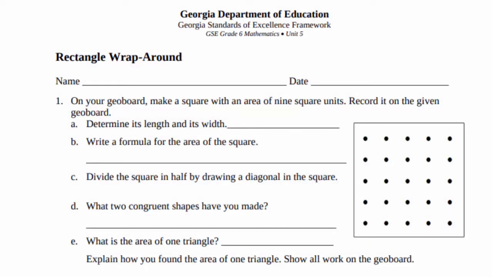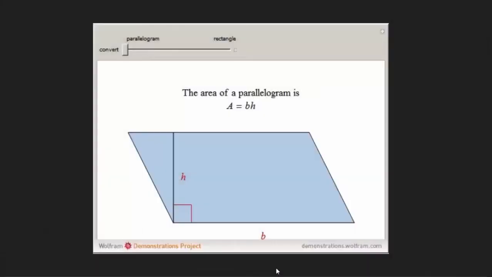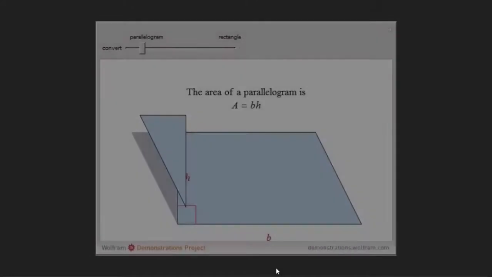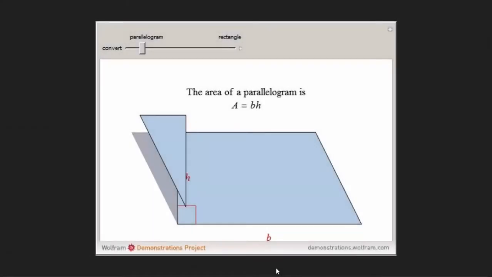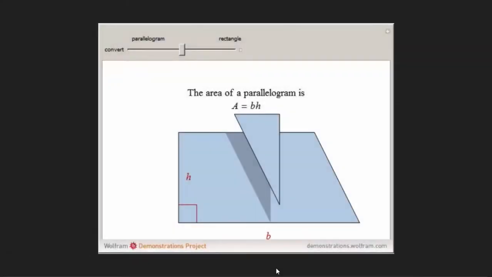This task, Rectangle Wraparound, is in the Unit 5, Georgia Department of Education Mathematics Frameworks. It provides a hands-on experience for deriving the area of a triangle, as well as determining the area of a parallelogram by creating a rectangle.